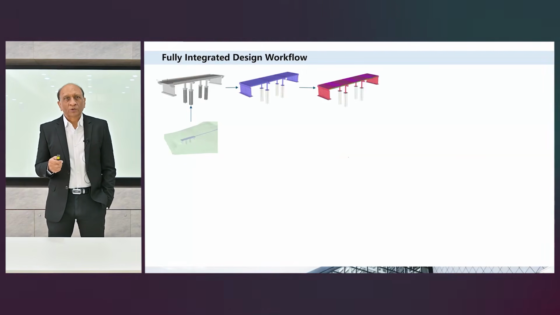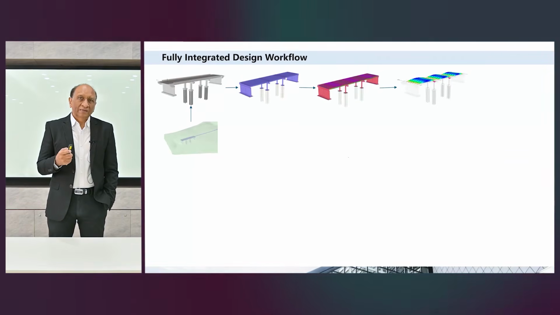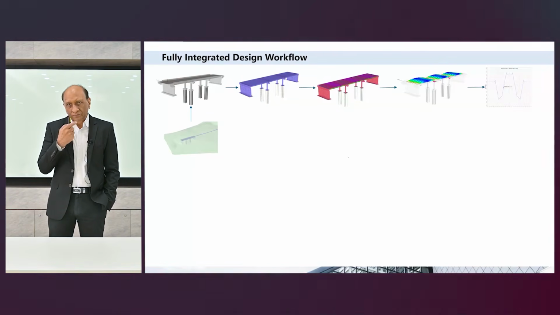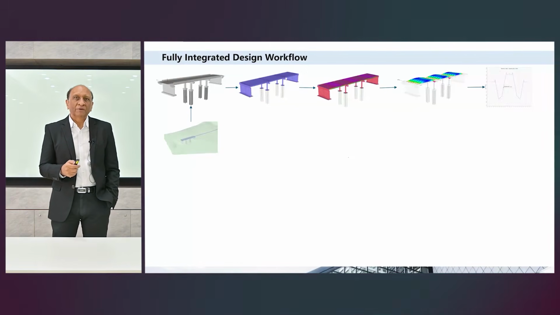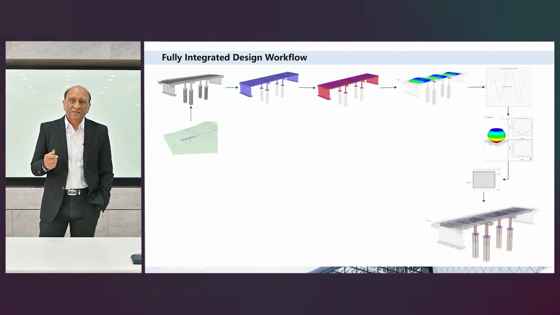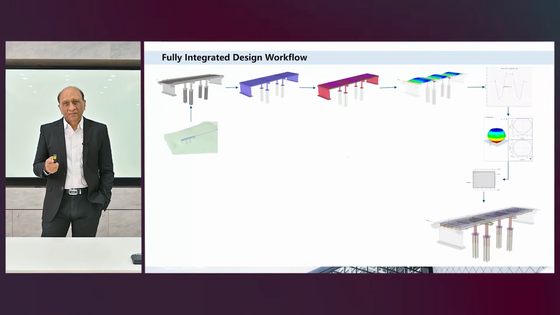Then from that, you run the analysis automatically. You get the results, extract the results, and get them back as forces. And then from there, you design the components. For example, here is a capping beam design. Then you design the columns. Then you design the section reinforcement. And then you can generate the whole reinforcement cage after the design.